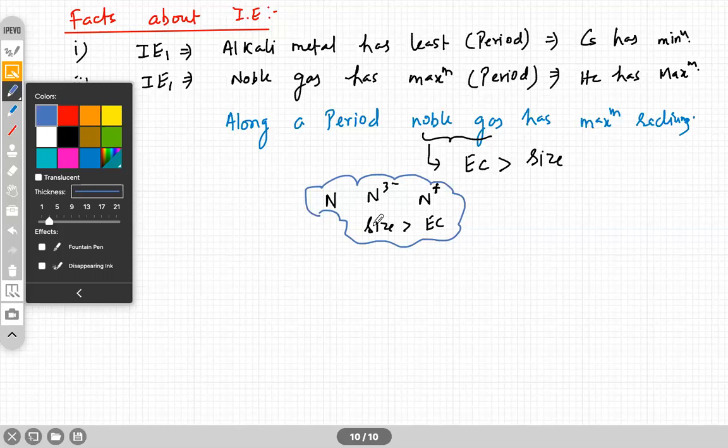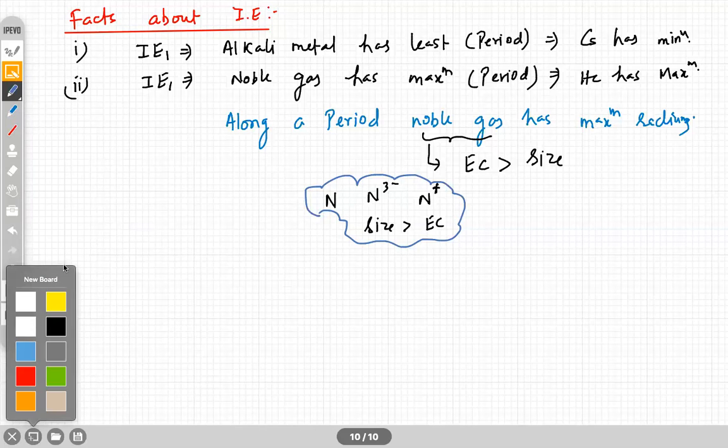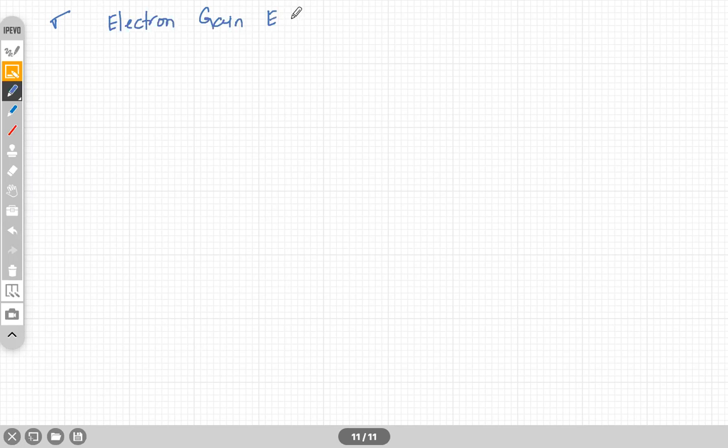Okay. Next, write down another term here. Ionization energy we have done. We have seen all the exceptions. Write down electron gain enthalpy. See here what happens.